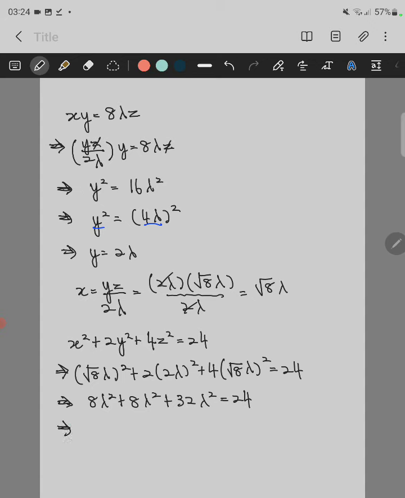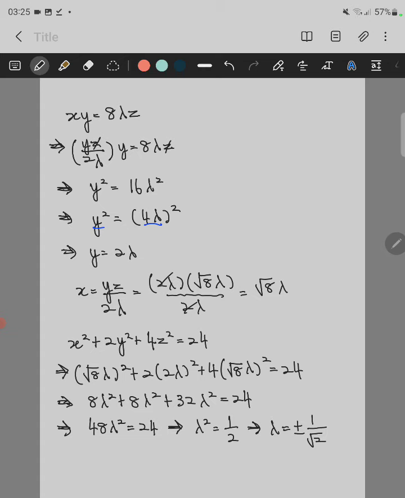So from here I have 16 plus 32, which will be 48. 48 lambda squared equals 24. So I will have my lambda squared here is equal to 1 over 2. So our lambda here we have two values, which is plus minus 1 over square root of 2.